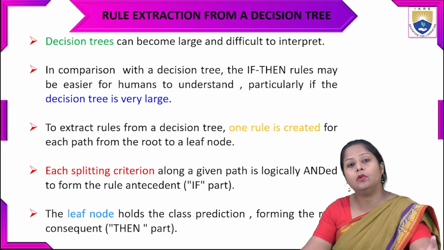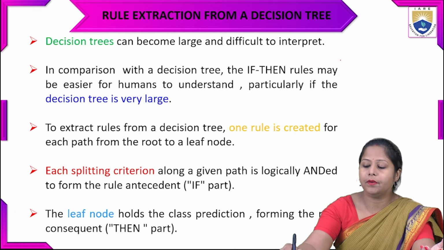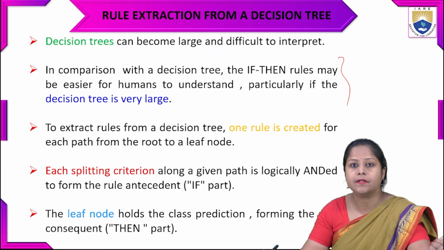On the basis of the rules only, they can know the class labels. Particularly if the decision tree is large, then we write the rules, so that it is easy to understand.